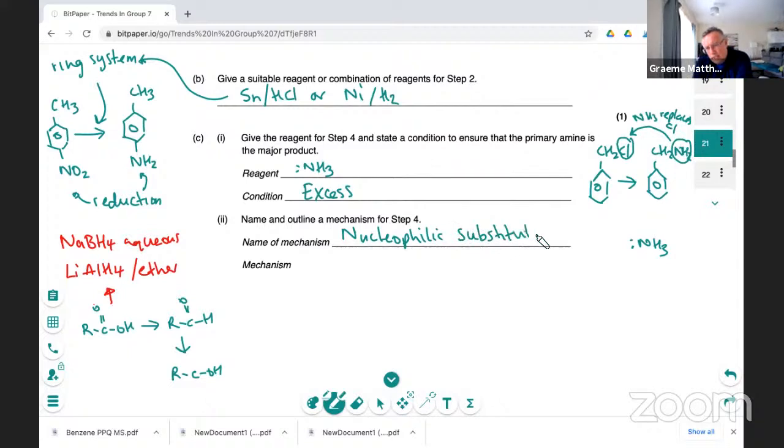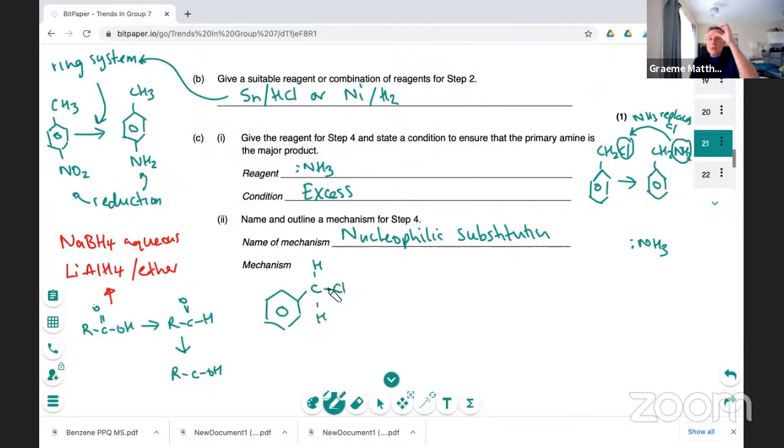Now, I'm thinking mechanism, chemists. Well, again, just write down what we know. Here's my ring, here's my CH2, and actually, let me draw the CH2 out like this. Carbon, hydrogen, hydrogen, chlorine.